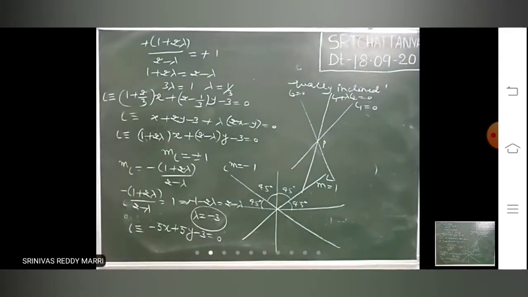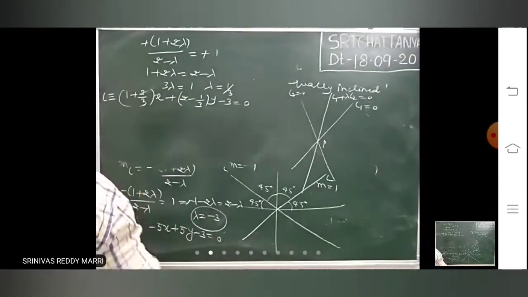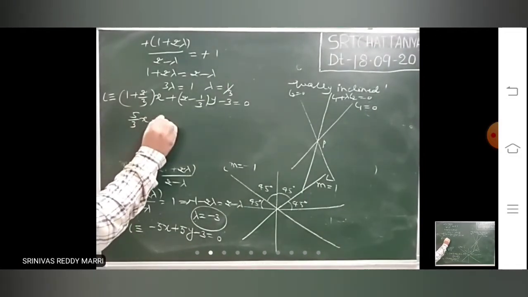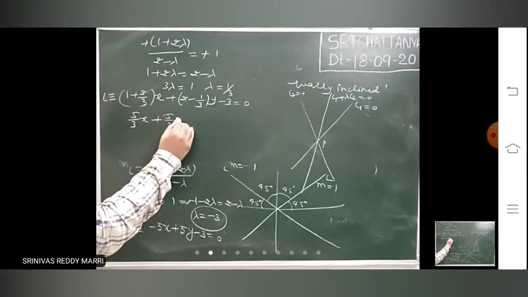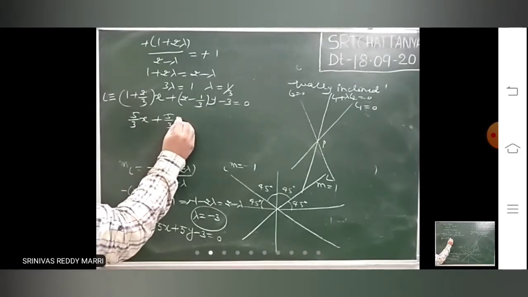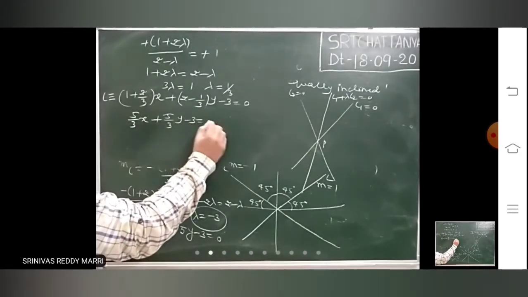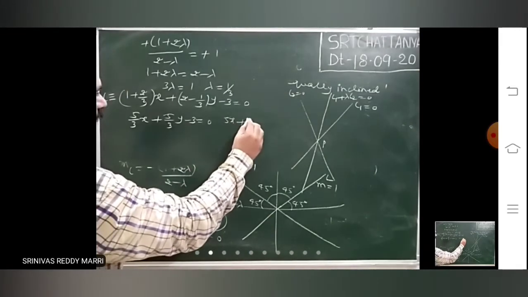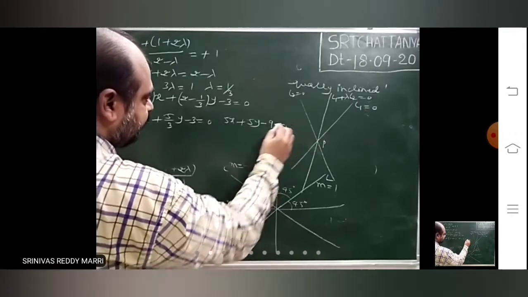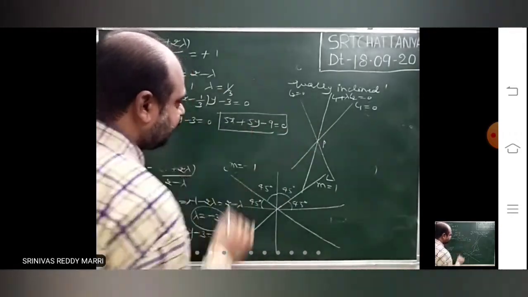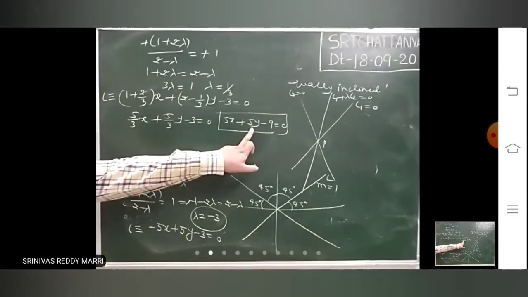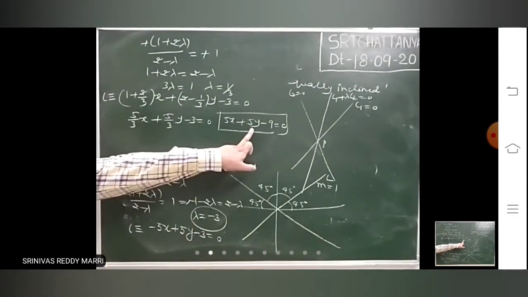So therefore another line will be 5 by 3 x plus 5 by 3 y minus 3 equal to 0. That means 5x plus 5y minus 9 equal to 0. These are the two required lines. Slope of this is 1, slope of this is minus 1. Right?